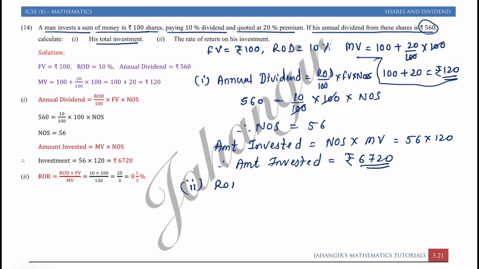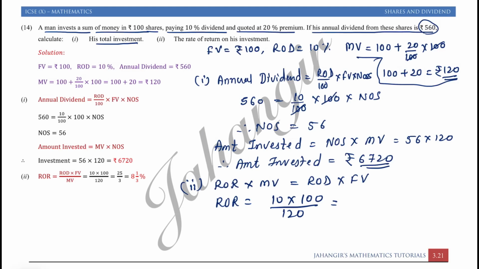Now second main question is we want rate of return on his investment. So for rate of return we can write rate of return into MV is equal to rate of dividend into FV. So rate of return is equal to rate of dividend 10 upon face value is 100 upon MV is 120.